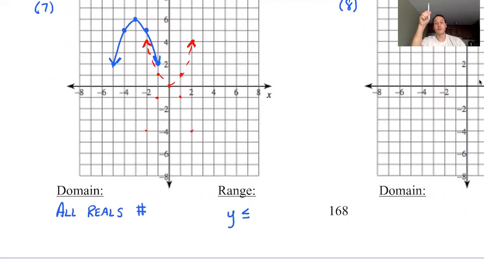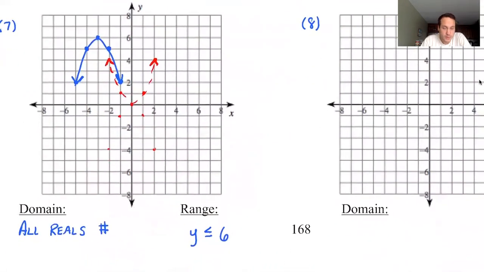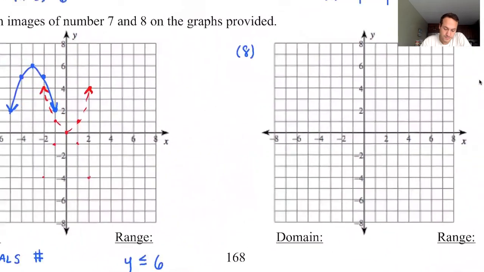If you look, my arrows are pointing down. They're not pointing up anymore. Y is less than or equal to positive 6 because I shifted up 6. Okay, so there's what our picture looks like there. Let's move on to the next one.